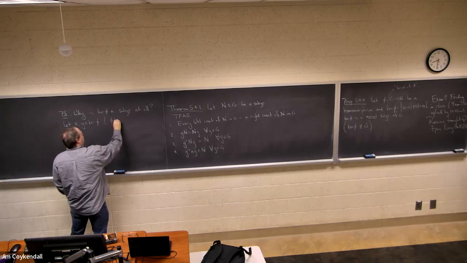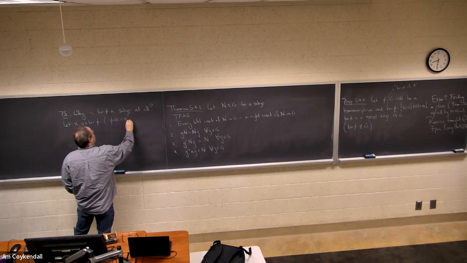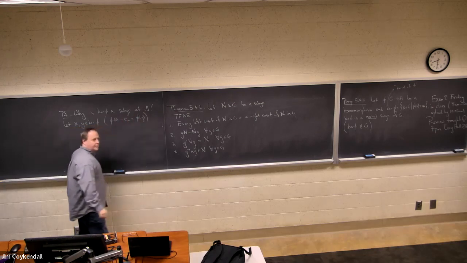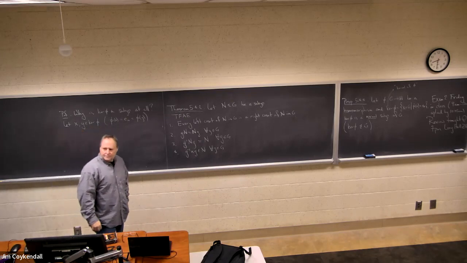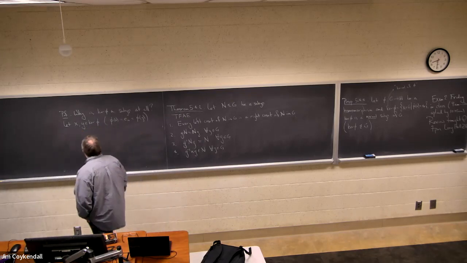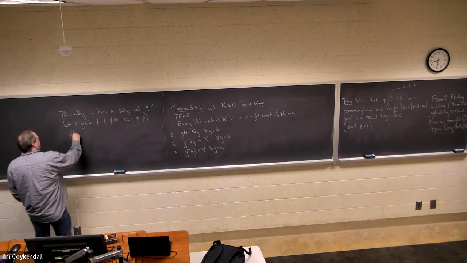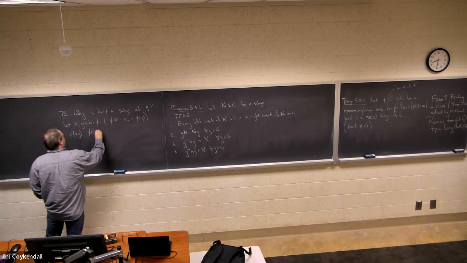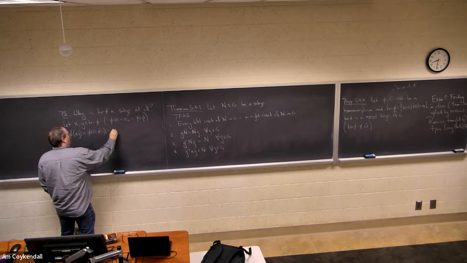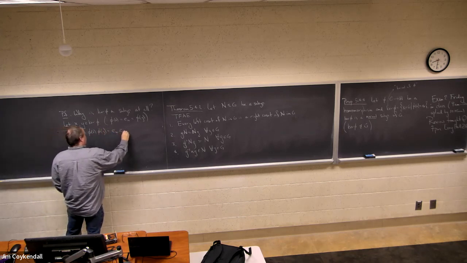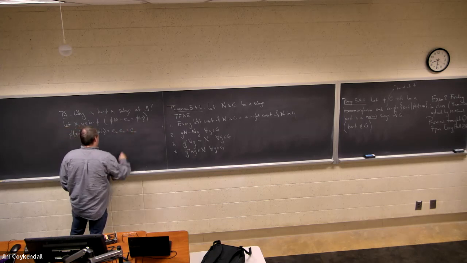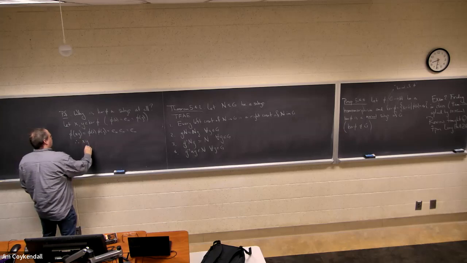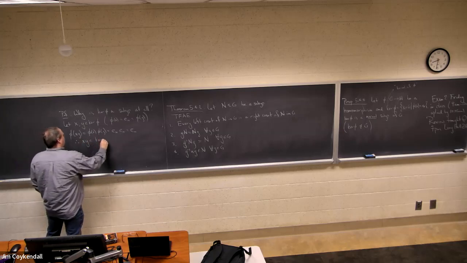This means phi of X is the identity of H, and so is phi of Y. Notice that phi of XY is phi of X times phi of Y, which is the identity of H times the identity of H. Therefore, XY is in the kernel of phi.